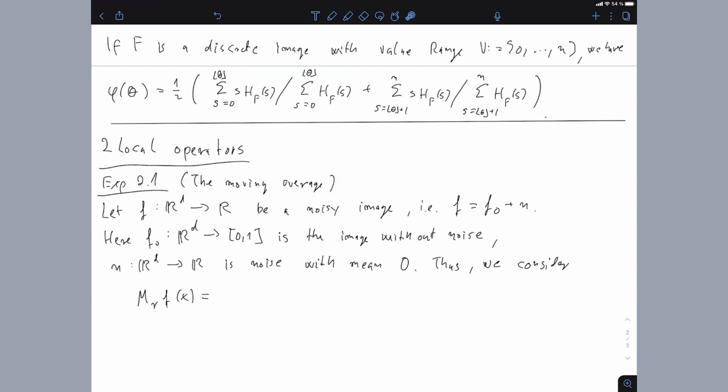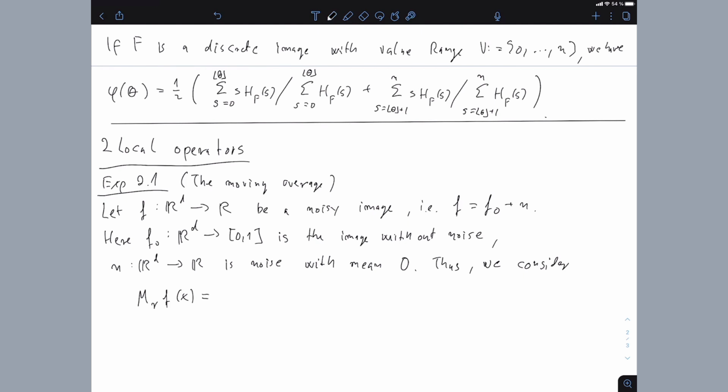Now we want a better value at the pixel X, in the sense that we want less noise in the pixel X. What could we do perhaps? Exactly. We would take a window around X, compute the average, and since this window is moving, this is called moving average. And this is exactly what is happening.